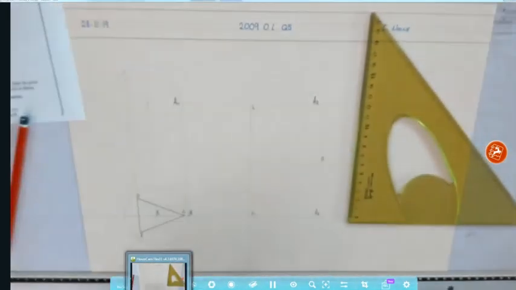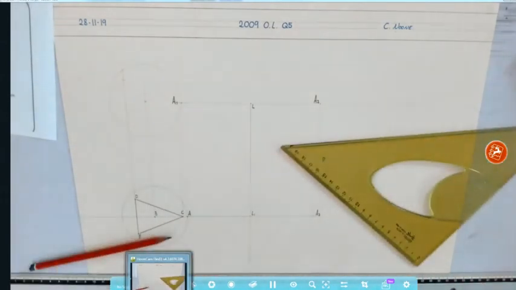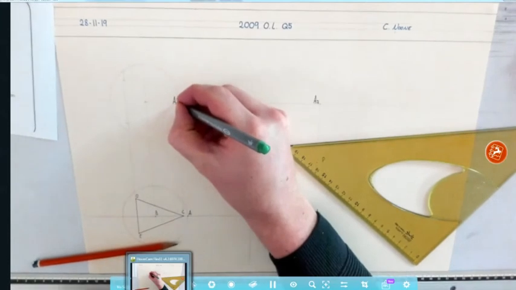Swing my radius. So C has become C1, just here, that's going to be C1.